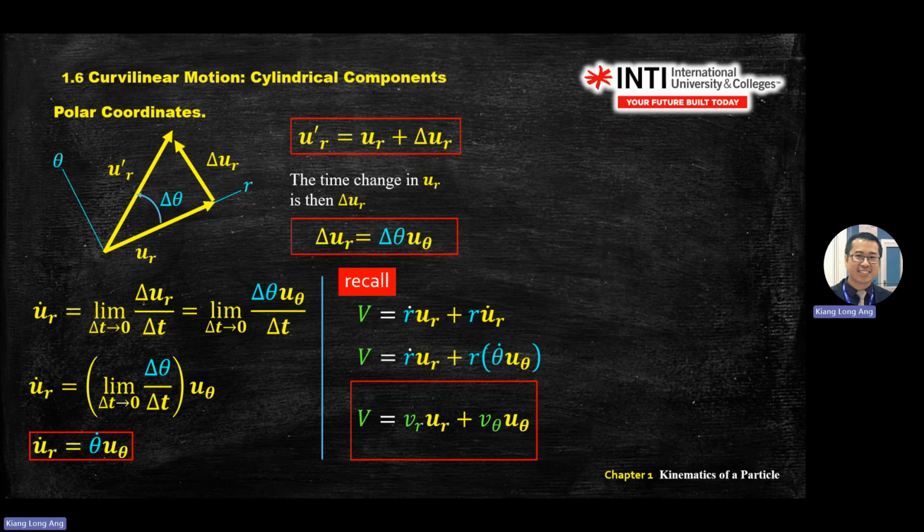Your VR will be R dot, where R dot means dR/dt. The other one is R theta dot, U theta, where theta dot means d theta/dt.